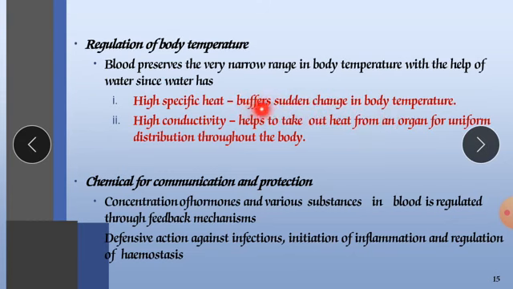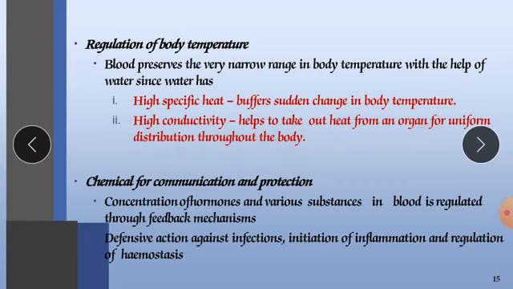Buffer avoids sudden change in pH. Even if we add some acidic or basic material, there won't be any effect on our blood pH because buffers are there. After that, the high conductivity helps take heat out from the organs for uniform distribution throughout the body.